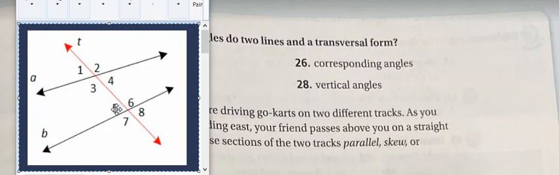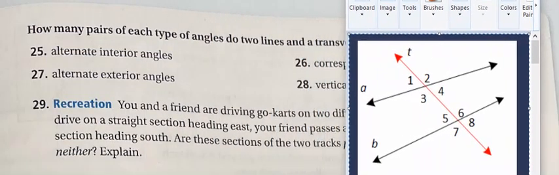It would be 1 and 5, your 2 and 6, your 3 and 7, and your 4 and 8, since they are on the same side of the transversal and in corresponding positions. So the answer would be yes, all those.